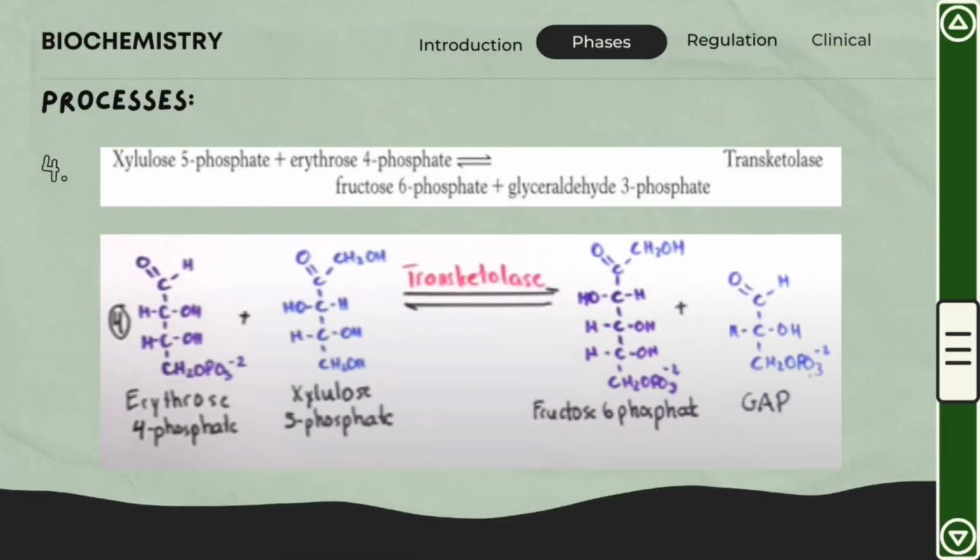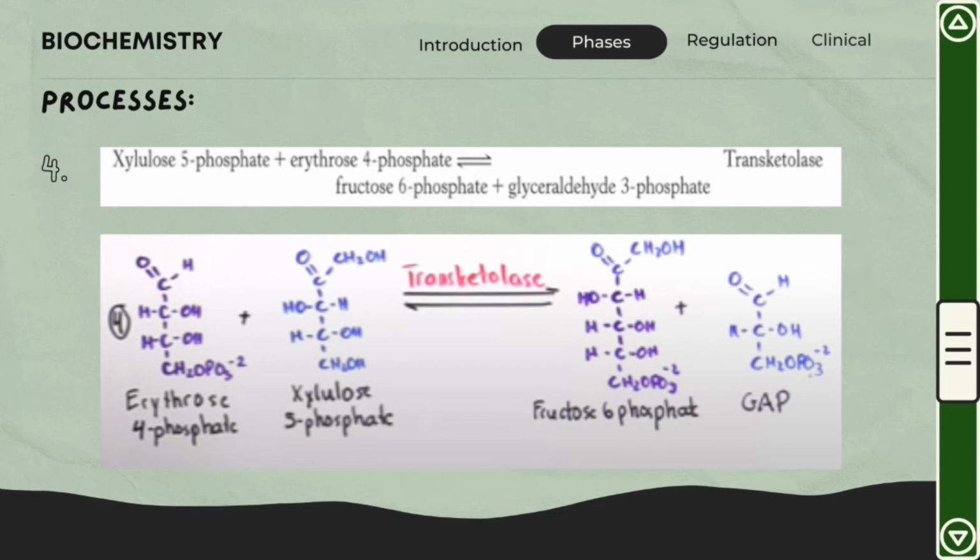What we want to do in the final process is take the erythrose 4-phosphate produced in process number 3, and take the second xylulose 5-phosphate that we still have left over from process 1. So remember that we only use one of the 2 xylulose molecules that we produced in process 1.